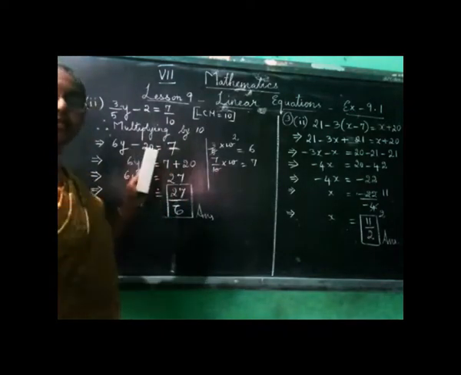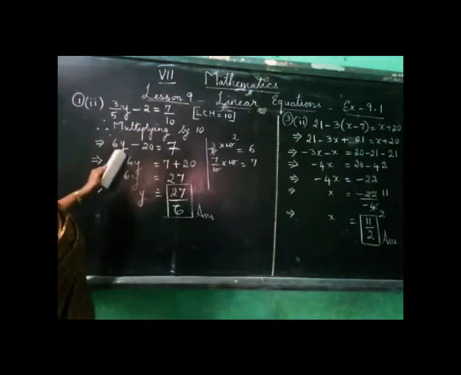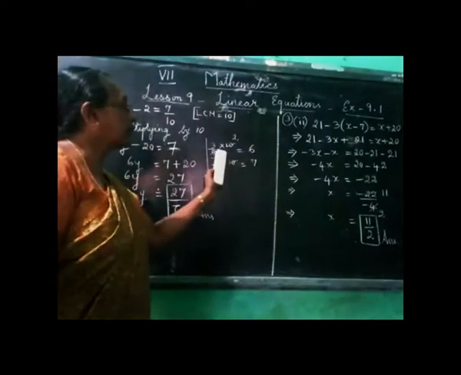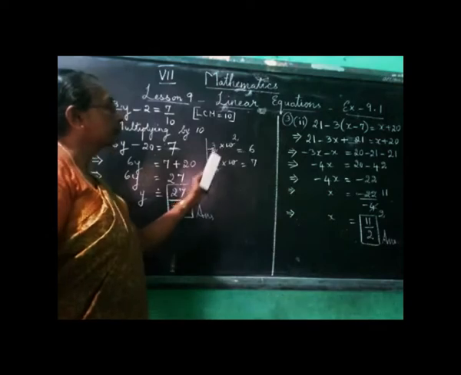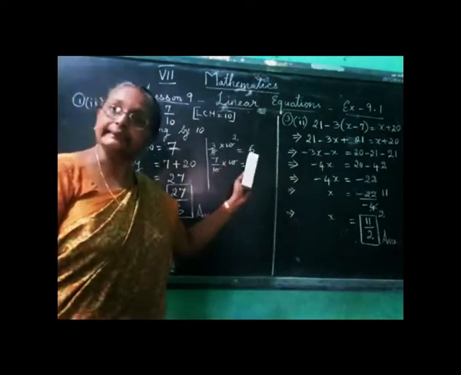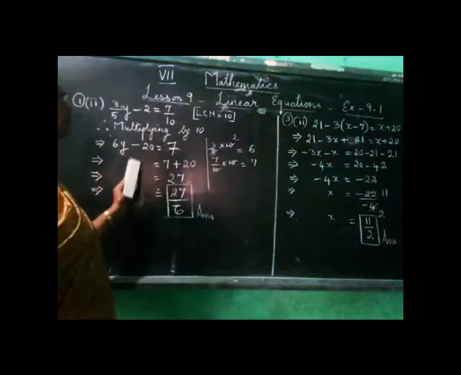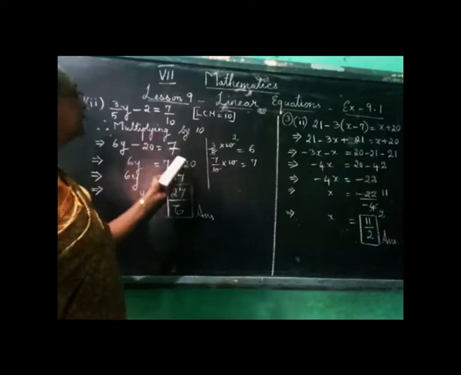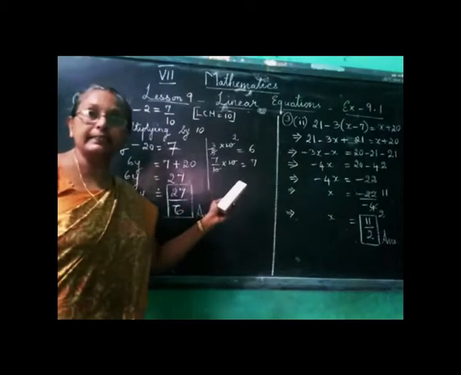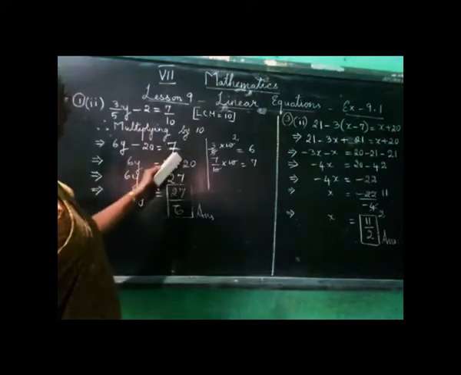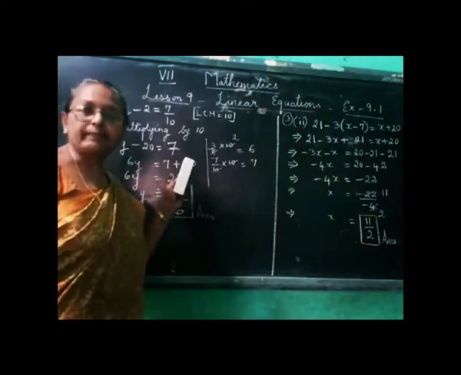So here we have 3 by 5y multiplied with 10. When 3 by 5 is multiplied with 10, we have 5 goes into 10 2 times, then 2 into 3 we get 6. So we have 6y and minus 2 into 10 is 20, minus 7 by 10 multiplied with 10, we have 10 and 10 gets cut, we have 7. So on the right side of the equation we get 7.